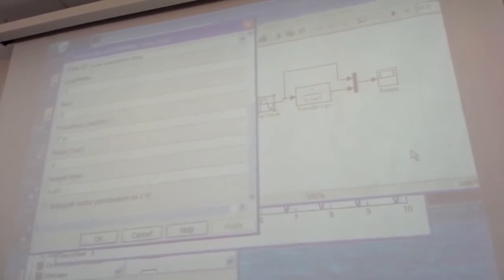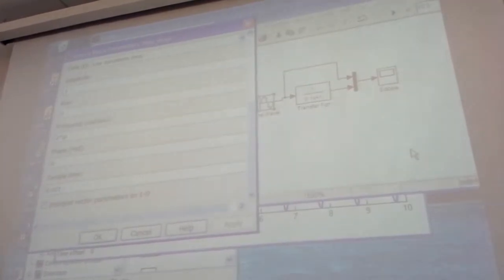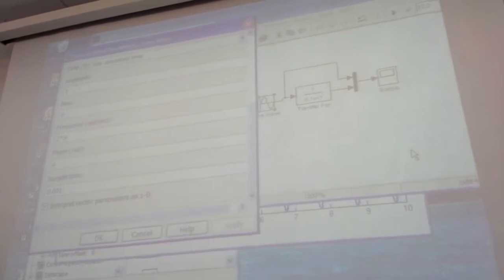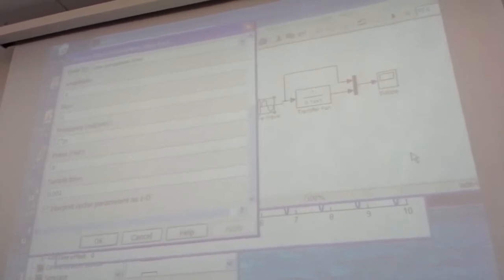One thing you have to remember is that the frequency here is 1 hertz. If the frequency is 2 hertz, what will be the gain? What will be the time delay, or phase lag?